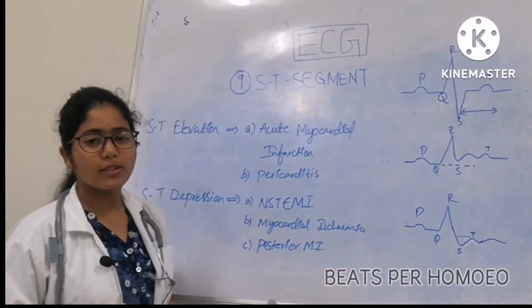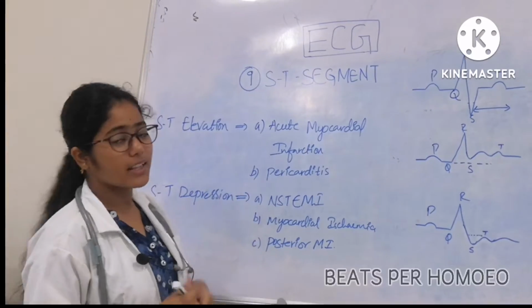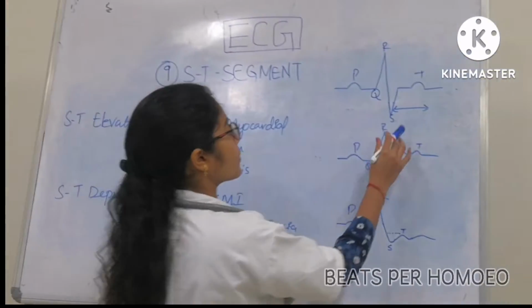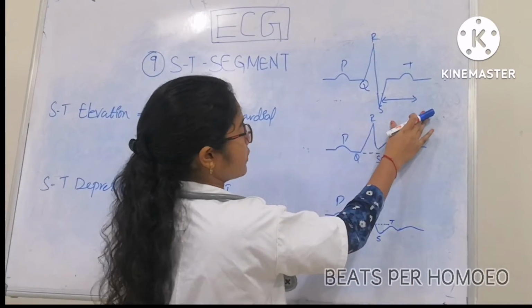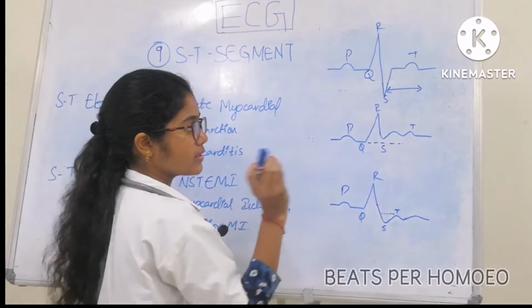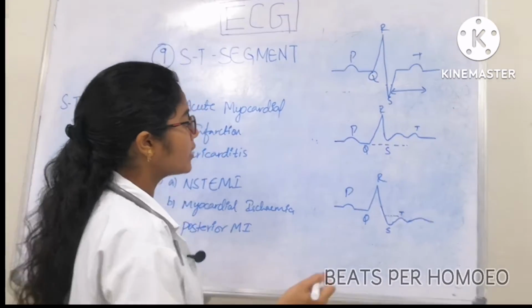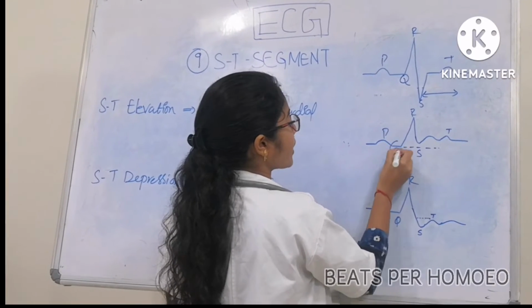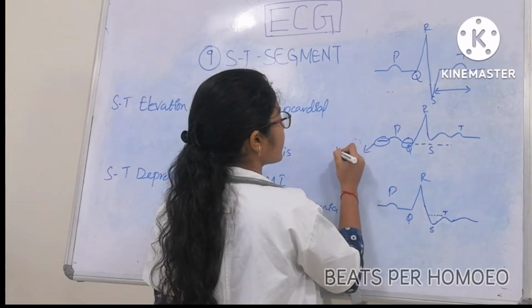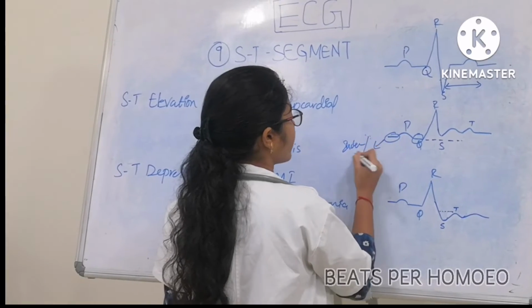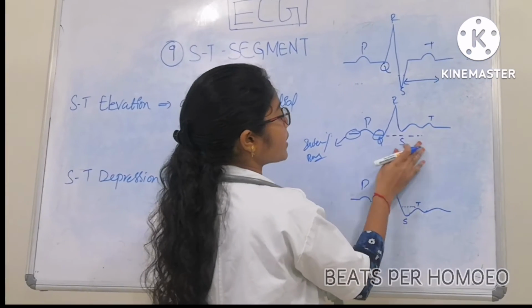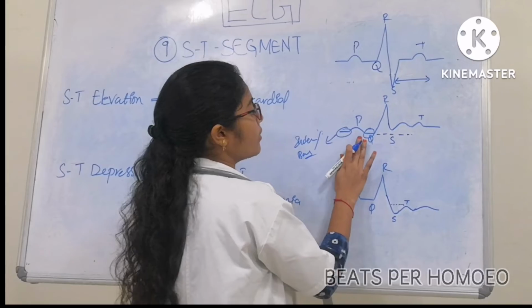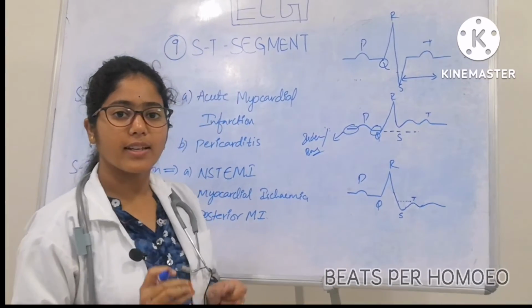Here comes the most important part of the ECG, that is the ST segment. Generally the ST segment runs from the S wave to the T wave. Here the ST segment is normal, and here we can see the ST segment is elevated from the isoelectric line. So this is what we call the isoelectric line or baseline. When the ST segment is raised from the baseline, we call it ST elevation.